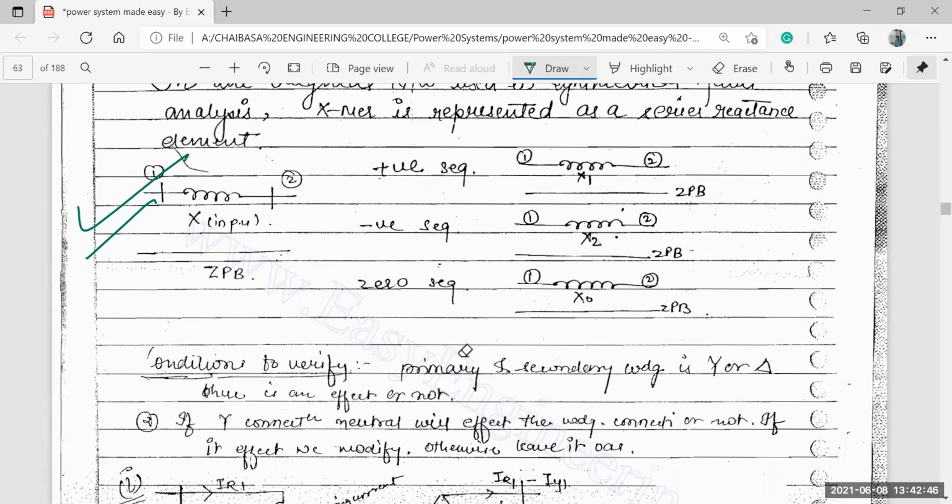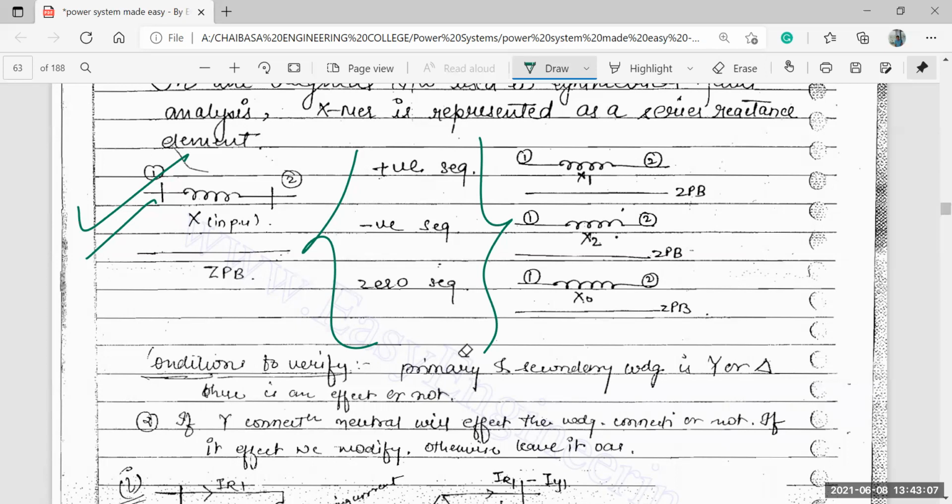For positive sequence, negative sequence or zero sequence, your transformer representation would look the same, only the suffix numerator will be changed.